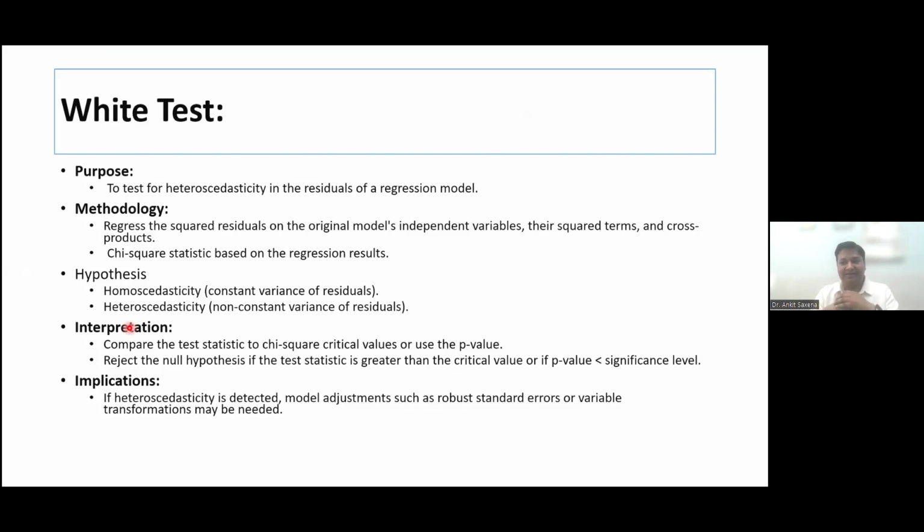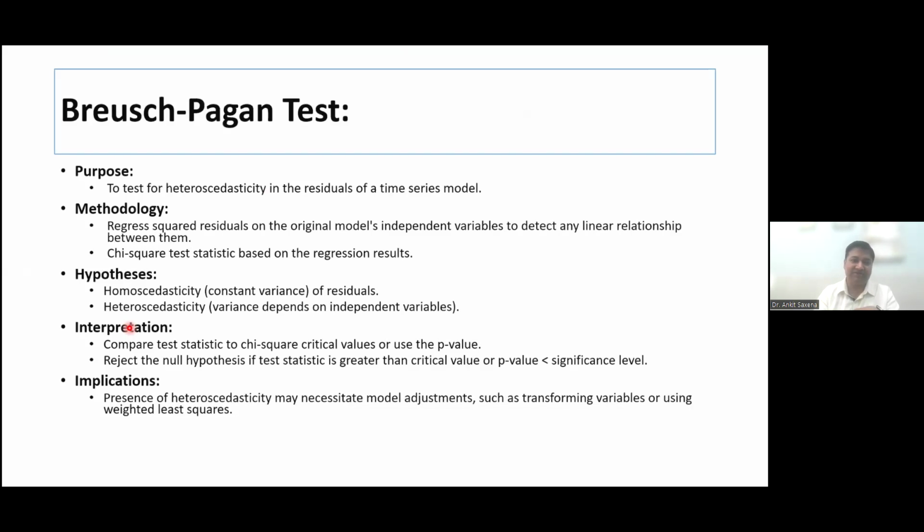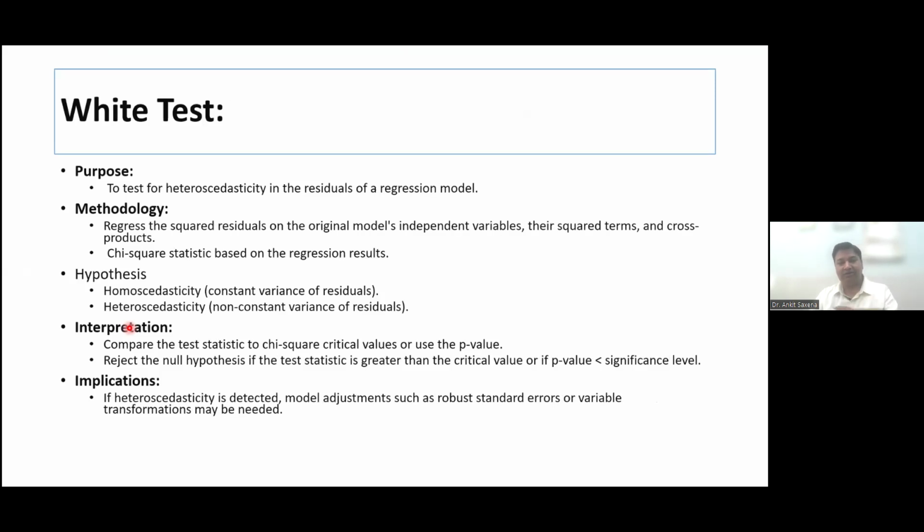It is used because it is a more robust method: it can capture both conditional and unconditional heteroscedasticity. The earlier test that we discussed for that purpose, the Breusch-Pagan test, captures the basic heteroscedasticity. But if you are talking about conditional and unconditional heteroscedasticity, the White test is widely used for that purpose.